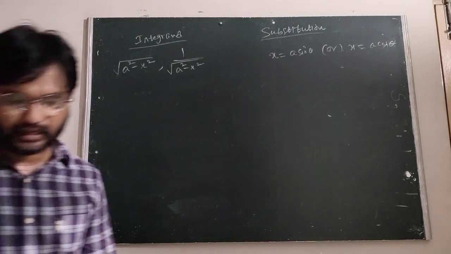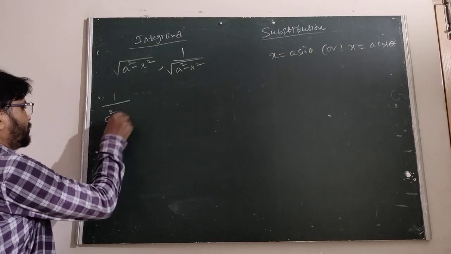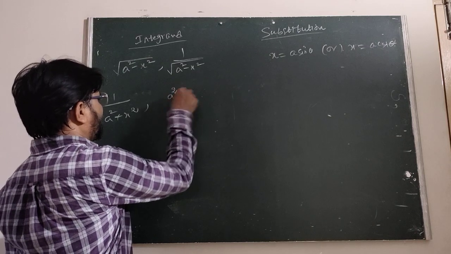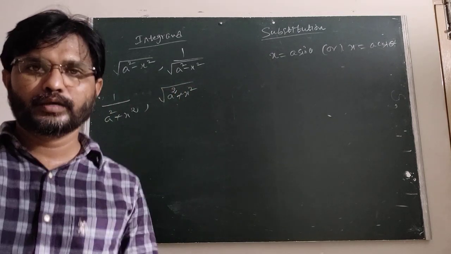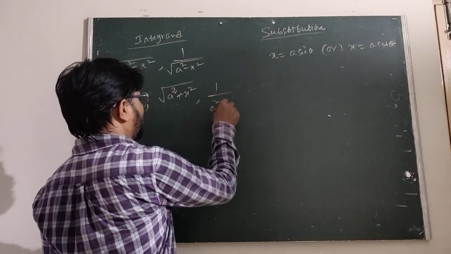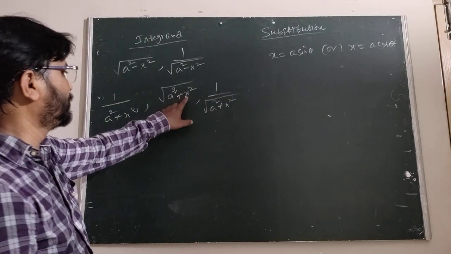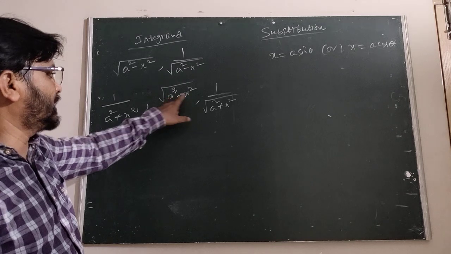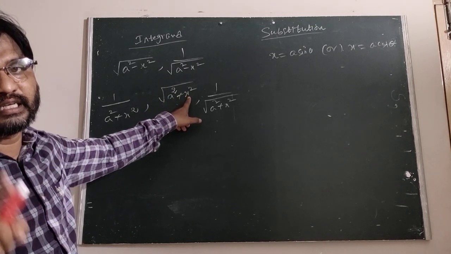Now we are going to discuss the second one, root of a square plus x square and 1 by root of a square plus x square. We are thinking, suppose we take x equal to a tan theta, then a square plus a square tan square theta, where a square is common.